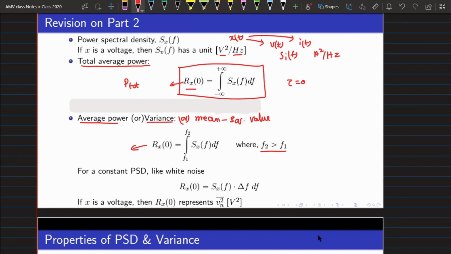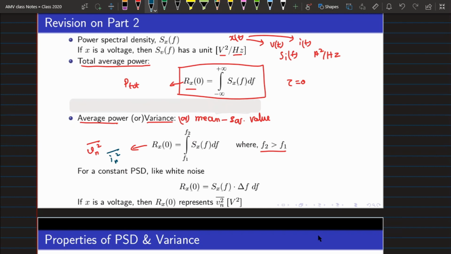The way we distinguish the average power, variance, or mean square value from the total power is by using something like Vn square the whole bar, in case we are discussing a voltage source, or In square the whole bar in case we are discussing a current source noise.